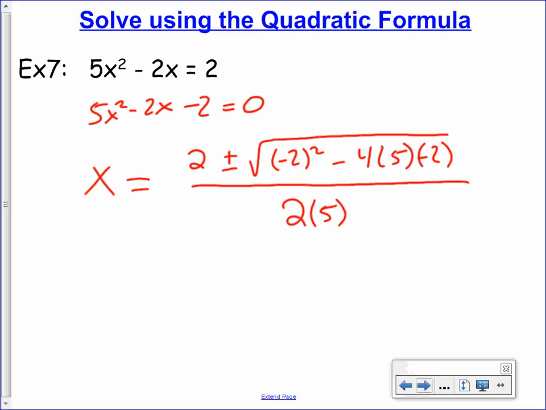It's 10. So fast. 2 plus or minus the square root over 10. Which is the discriminant? It is 44.